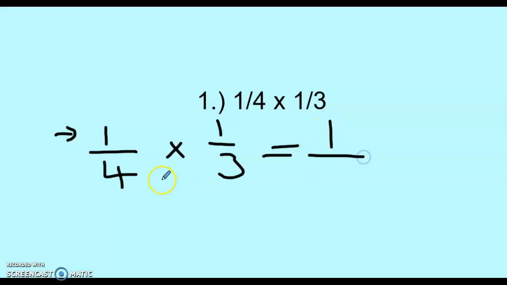Next thing I would do is multiply the denominators, the bottom numbers. 4 times 3. 4 lots of 3, I can count in my head, is 3, 6, 9, 12. So just by multiplying those numbers together, I know the answer is 1/12. Just focus on multiplying the fractions together. That can't actually be simplified into a simpler fraction because the numerator is 1.